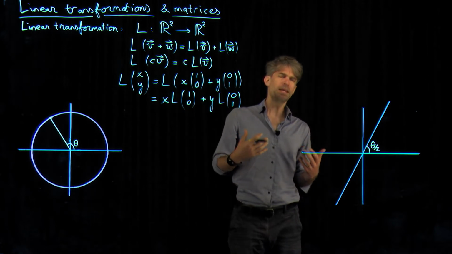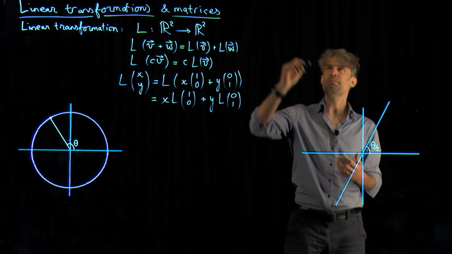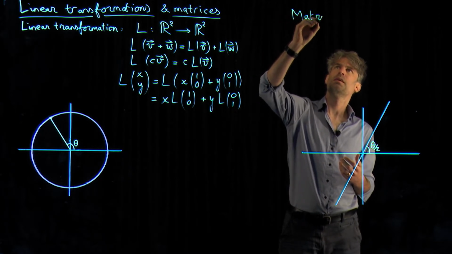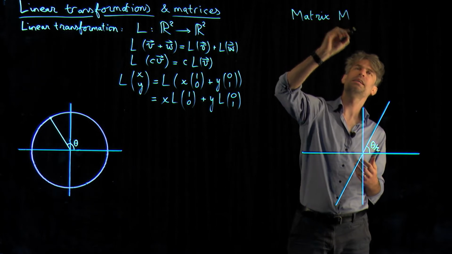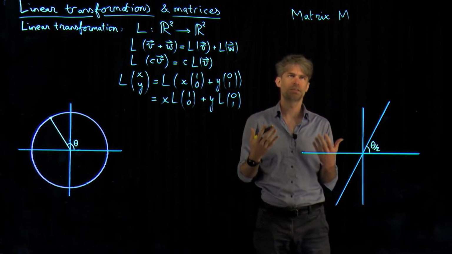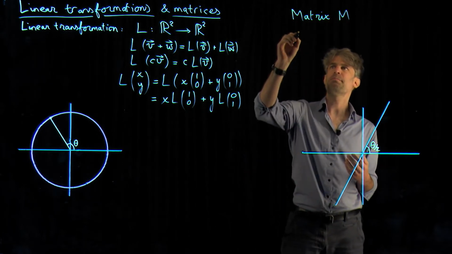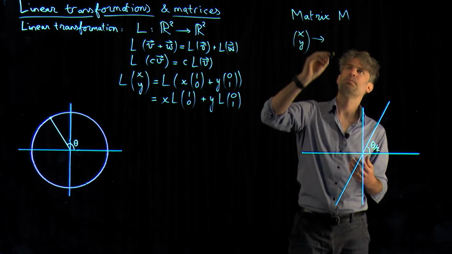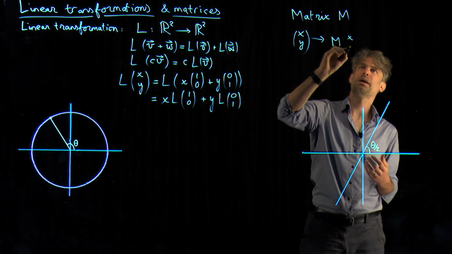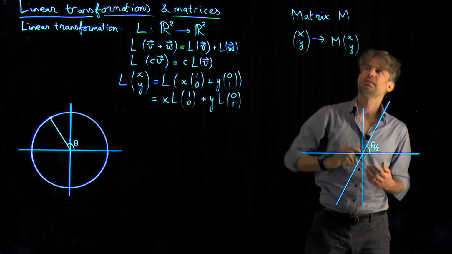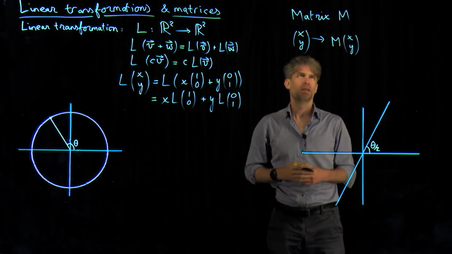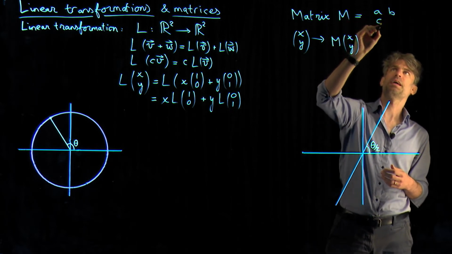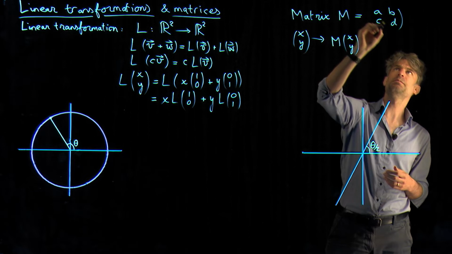Now if you have a matrix, say matrix M, we can make a linear transformation with that, because if I map x, y to M times x, y, this will be linear. Let's say it has the shape A, B, C, D, like this.